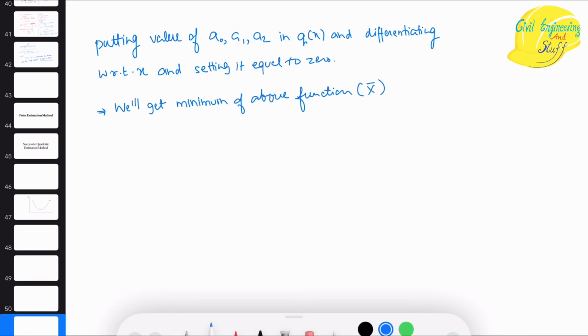Your x bar will be equal to (x1 plus x2) by 2 minus a1 by 2 a2.